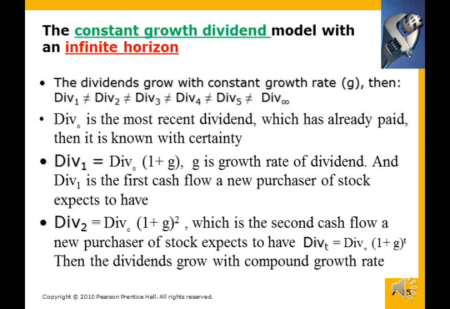So at time equals 0, this is called dividend 0, which is the one just paid. Dividend 1 is the dividend at the end of the first year. Dividend 2 is the dividend at the end of the second year. Dividend 3 is the dividend at the end of the third year, and so on. Okay? This is the first point.